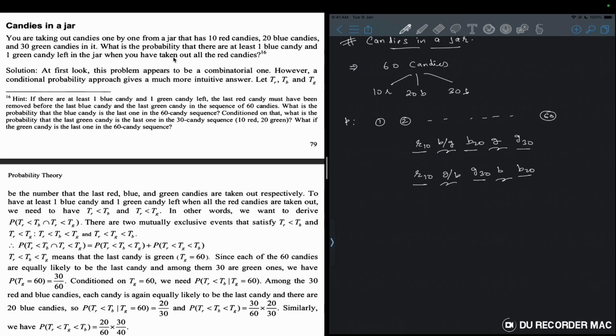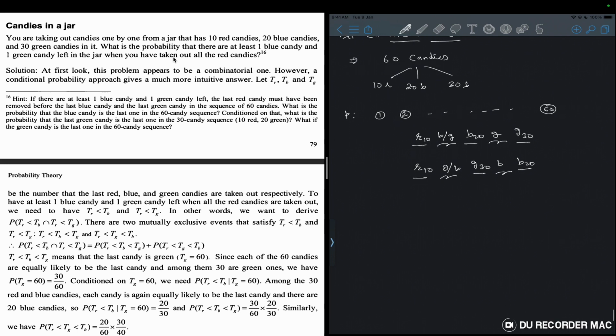But as you'll see, what appears in between is not of much relevance. What we want to calculate is the probability of two events, E1 and E2, so the probability asked is E1 plus E2.